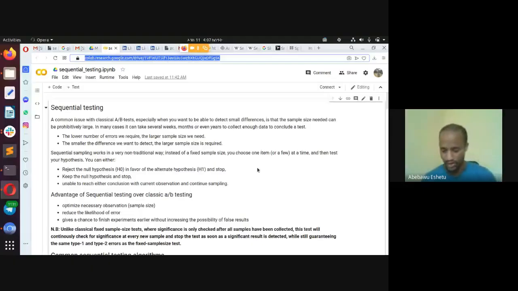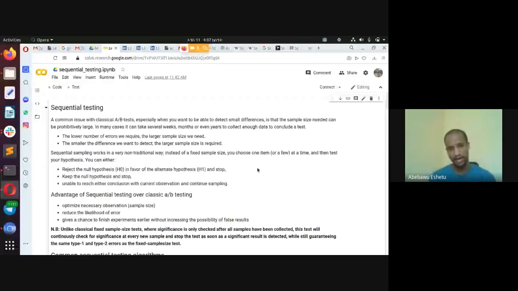Okay. Great. So today I will say a few words about sequential testing, which is a family of hypothesis testing, usually A/B testing. But nowadays it's getting more popularity than other classical A/B testing approaches.